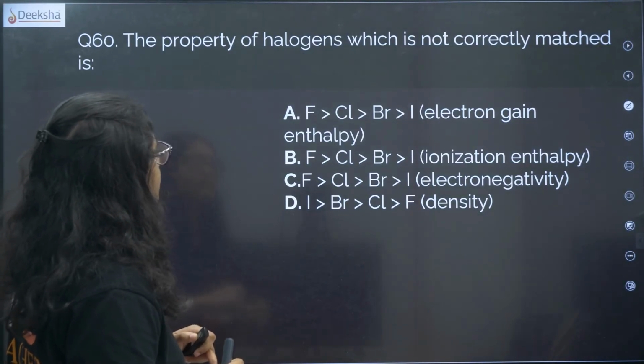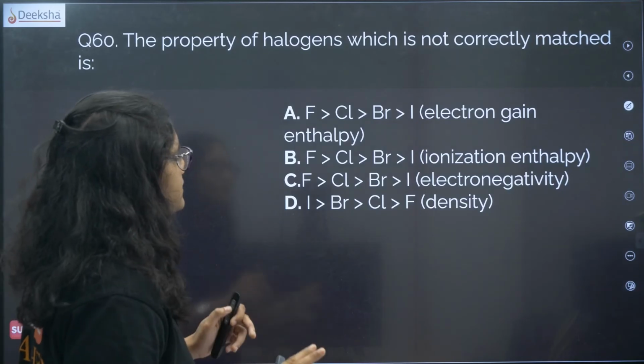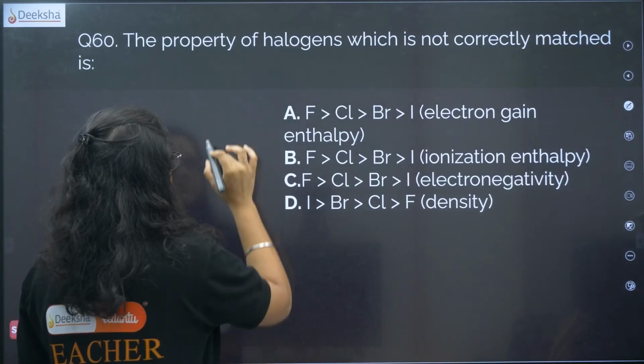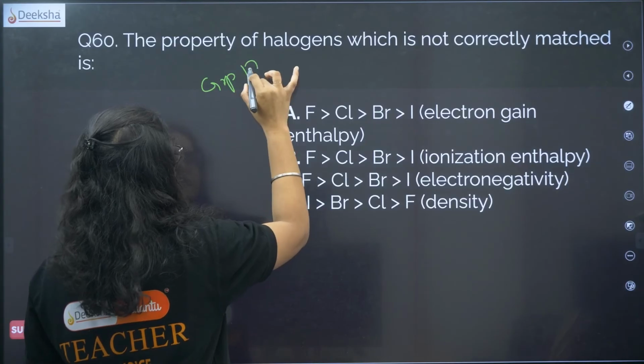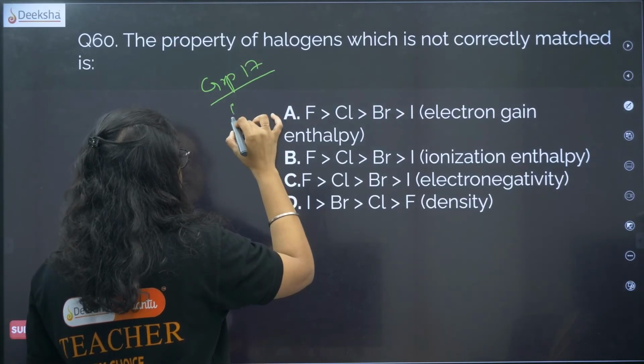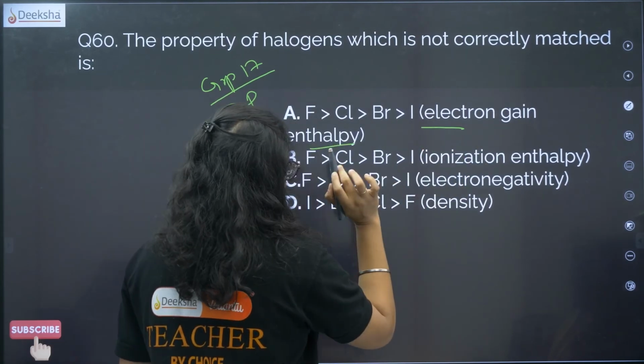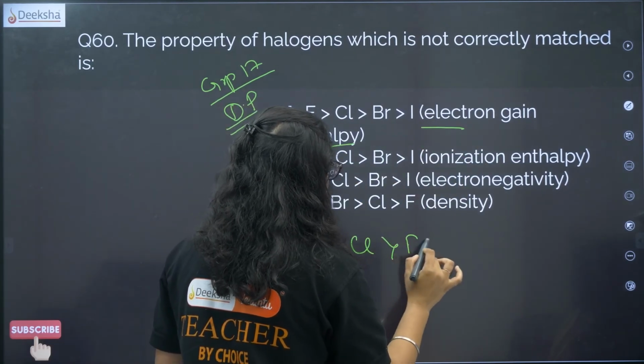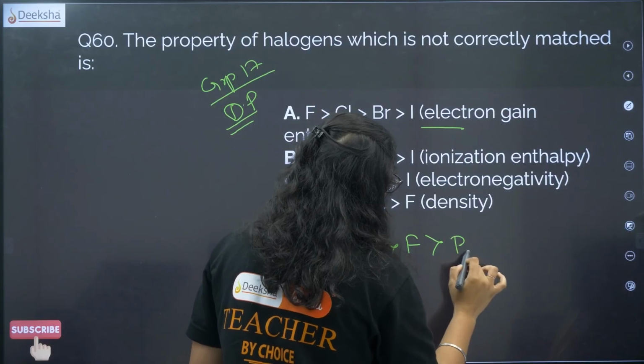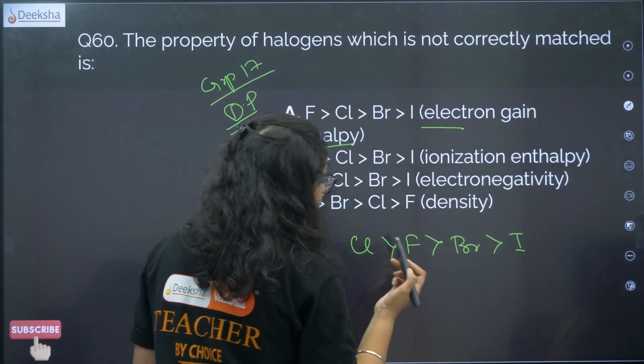The property of halogens which is not correctly matched is, okay. So this is also from group 17, okay, and deleted portions, okay. So if you know electron gain enthalpy, the order of electron gain enthalpy is chlorine, fluorine, then bromine and iodine. And what is the reason for that?